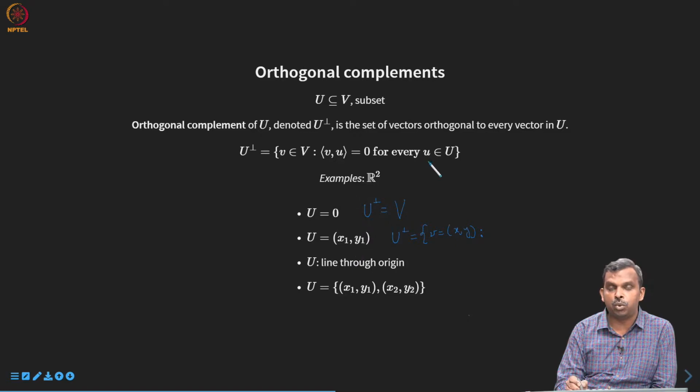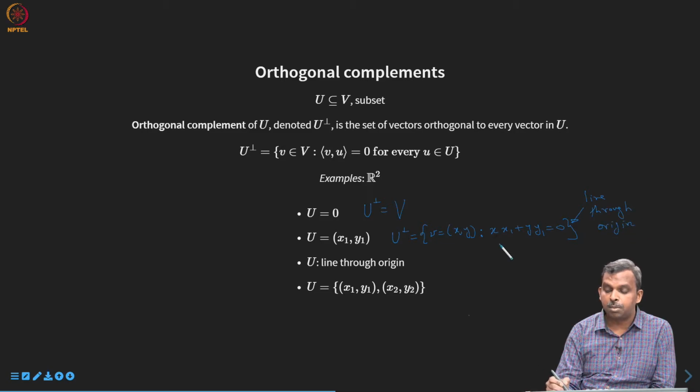So, this is for every u, but there is only one point in U. So, this would be x x1 plus y y1 equals 0. Okay. What is this description? This is a line through the origin, isn't it? This is a line through the origin and it is perpendicular to the line joining (x1, y1).